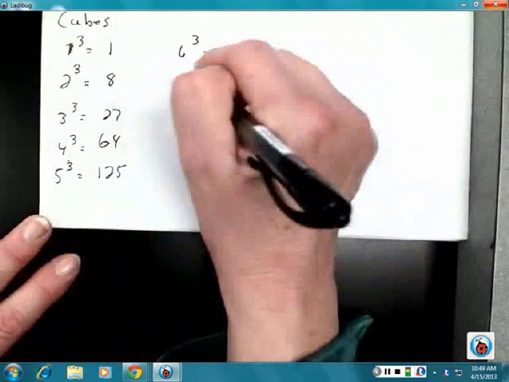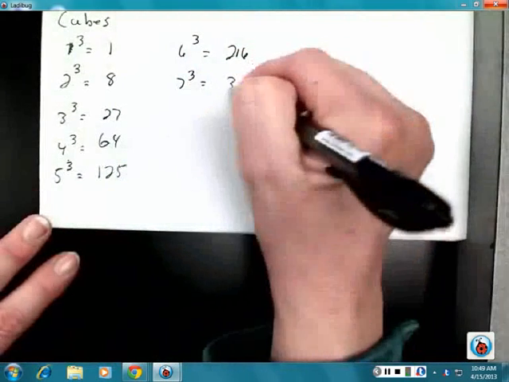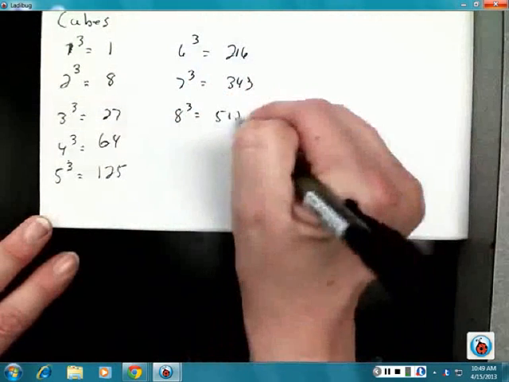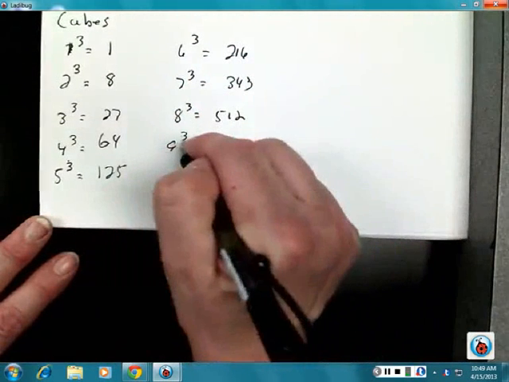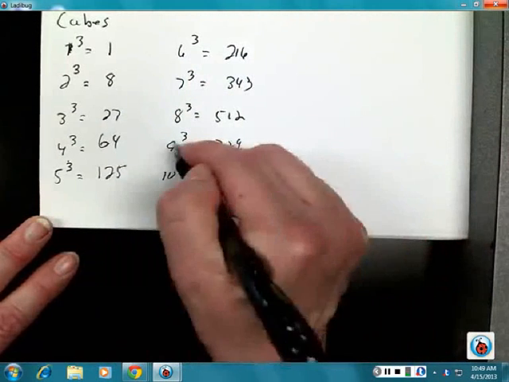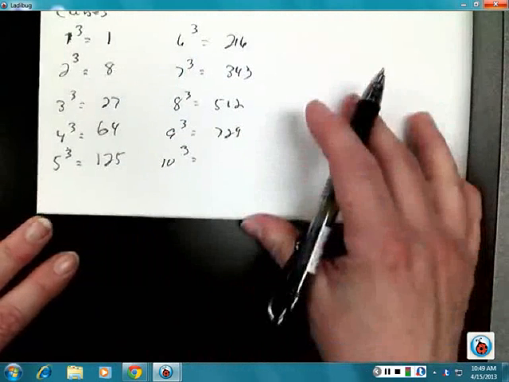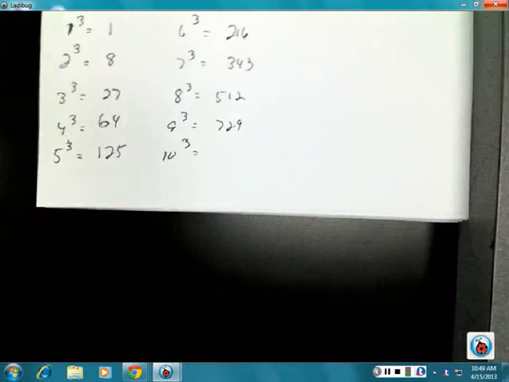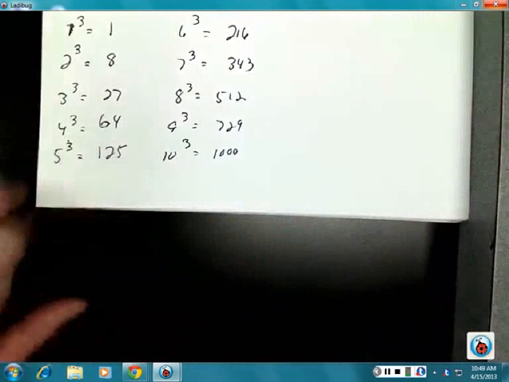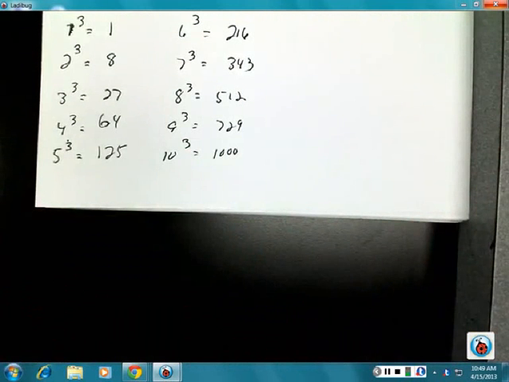And 7 cubed? 343. And 8 cubed? 512. And 9 cubed? 729. And 10 cubed? That'll be our last one. We're at an auction. To the highest bidder, we'll sell it, right? 1,000. Now these are your common cubes, okay?